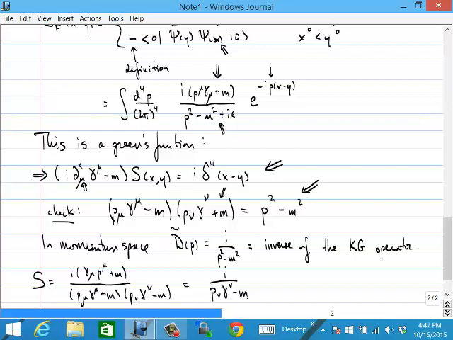And what's p nu gamma nu minus m? It's the Dirac operator written in momentum space. The Dirac operator is i d by dx mu gamma mu minus m. i d by dx mu is just p mu when you go to momentum space. And so this propagator is also the inverse of the Dirac operator.